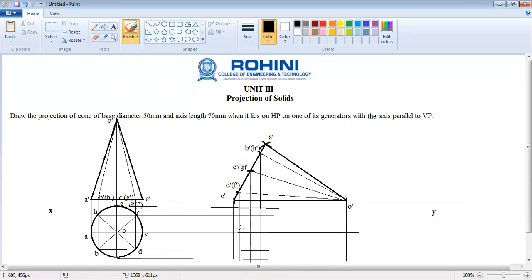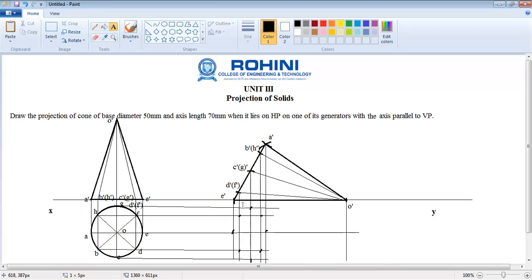Now the intersecting points are G, F, D, C, and B, A and H. And this one is O.